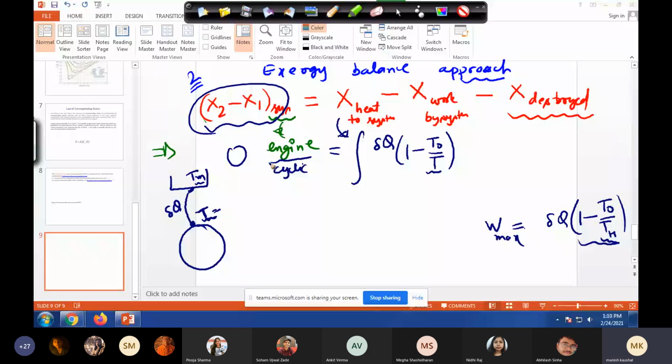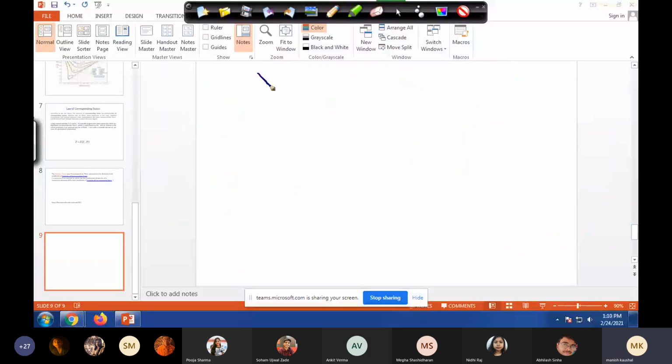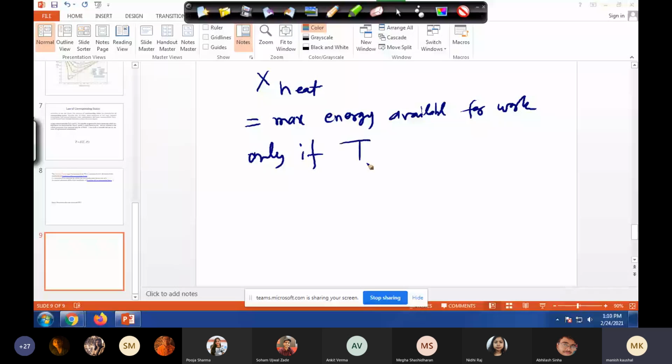Let me put it this way: exergy due to heat should be treated as the maximum energy available for work, and that will only happen if T system at the local boundary is equal to T hot.